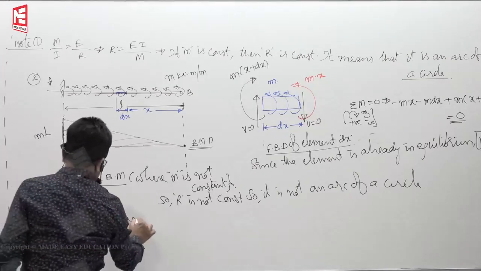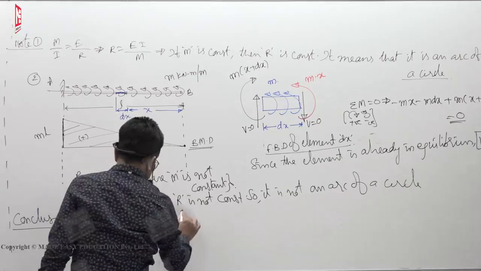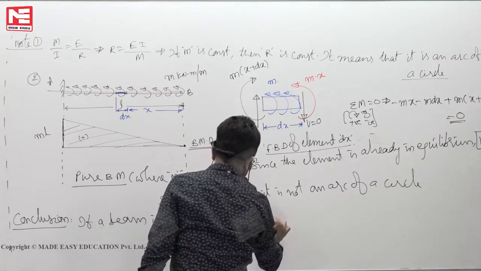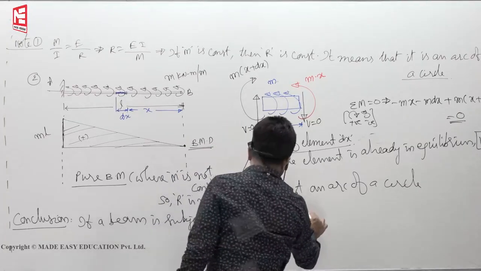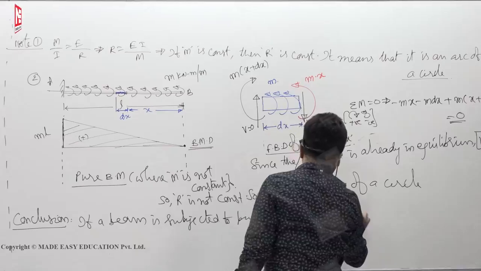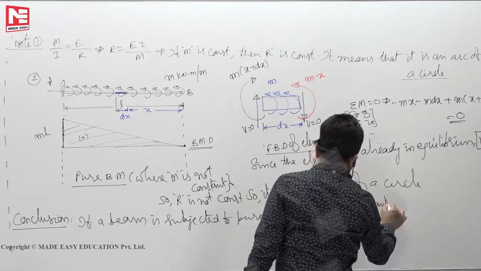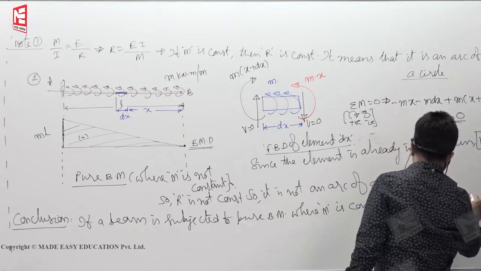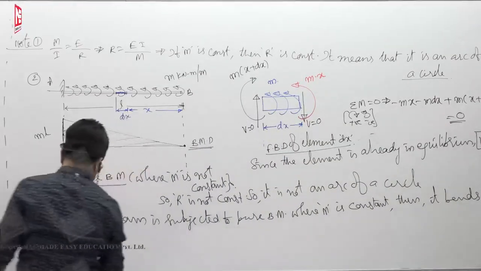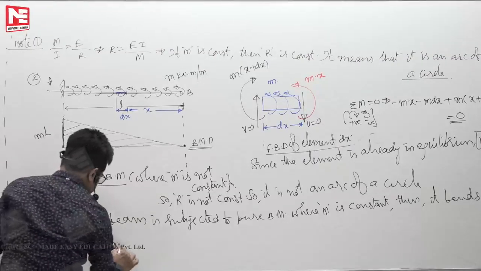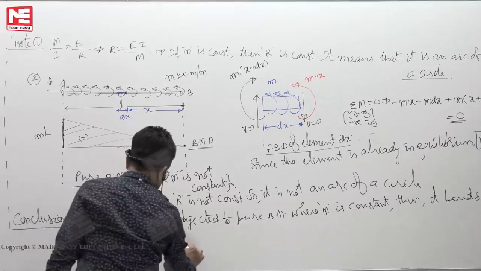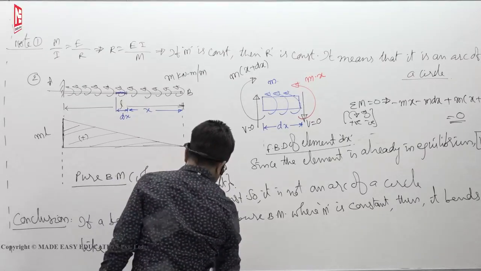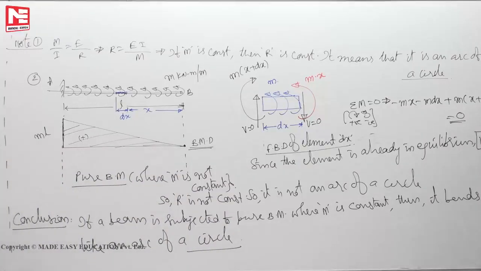If a beam is subjected to pure bending moment where m is constant, then it bends like an arc of a circle.